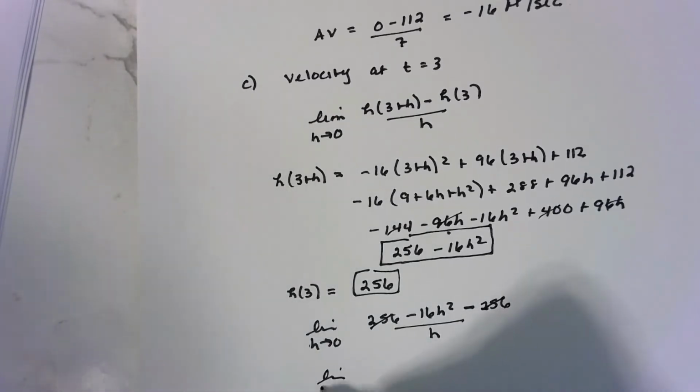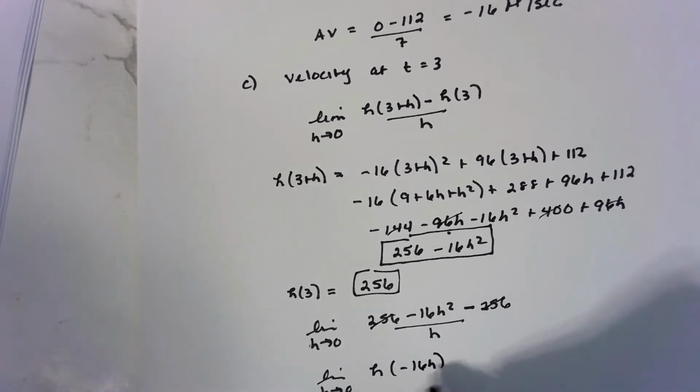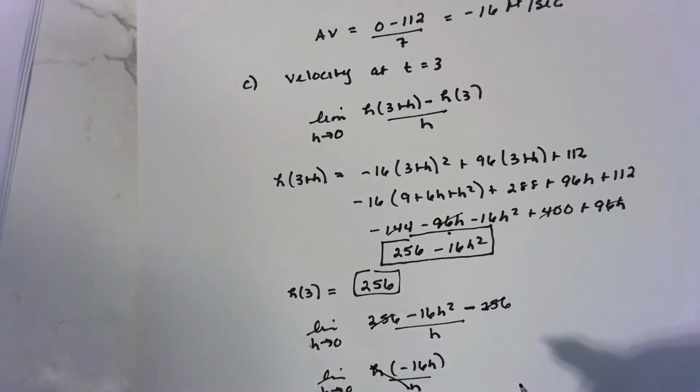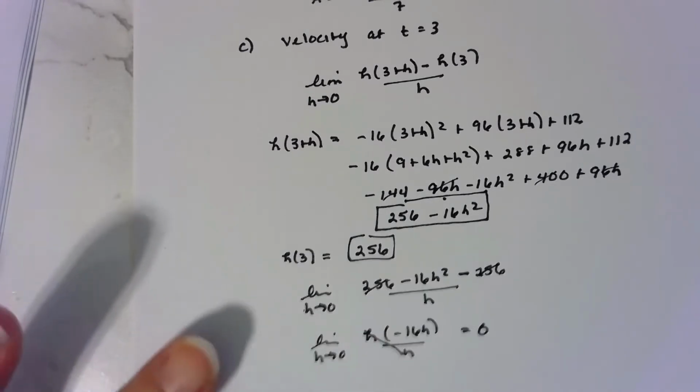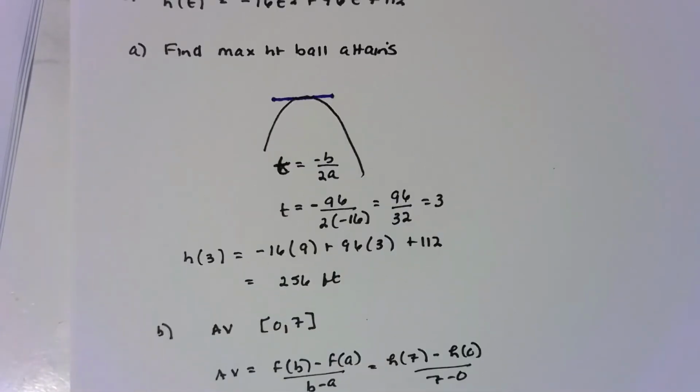If I factor out the h, I have negative 16h over h. Those h's will cancel. So now I can take the limit, and bingo, it's 0. So the derivative is 0. I just showed you why, but you can clearly see without doing any work that the slope of the tangent line is 0. So keep that in mind at that point.